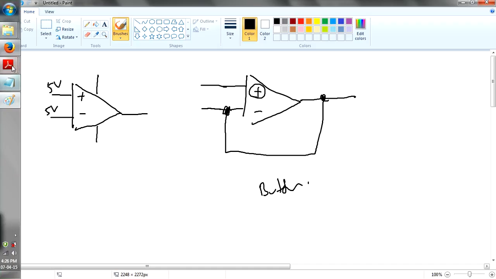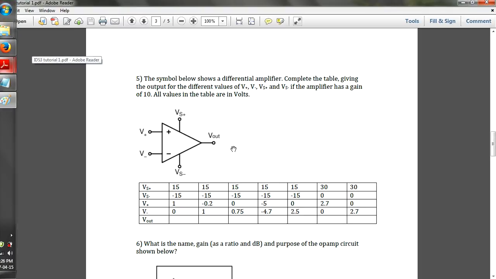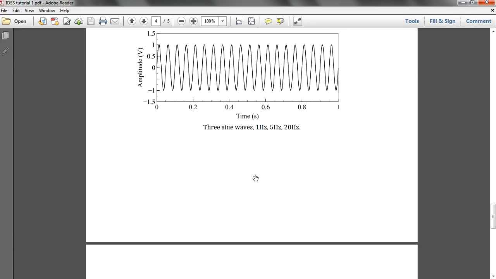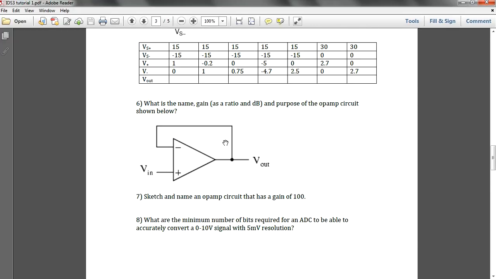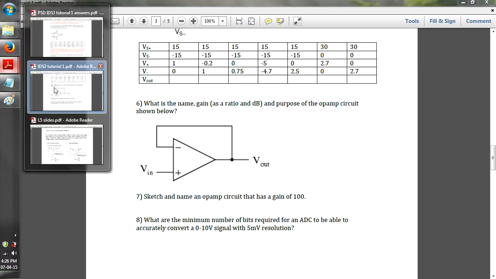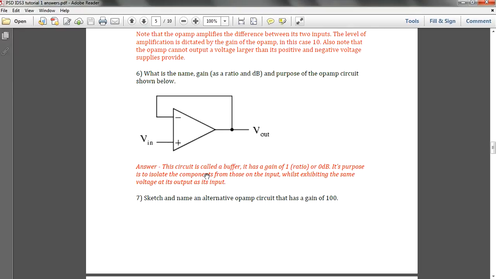If you go to your tutorial, it says, question 8, I think, no, question 6. So its purpose is to isolate the components from the input. The components may be somewhere in another place. So these are the inputs, and you're going to isolate the input from other components.